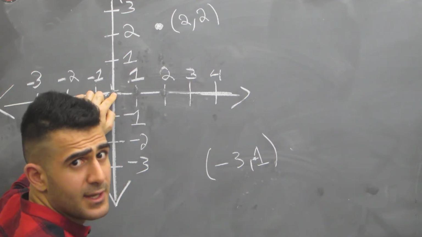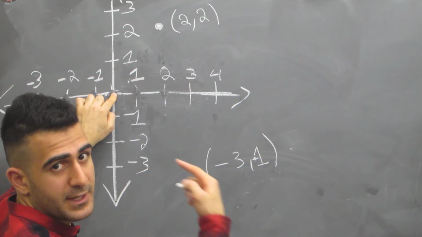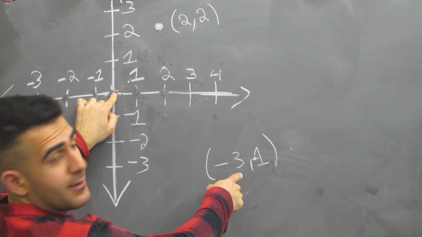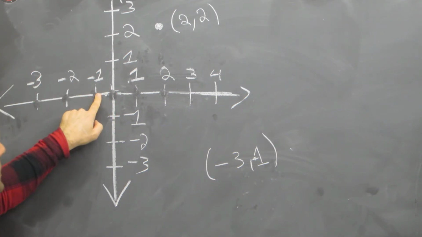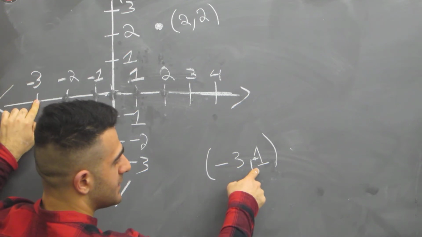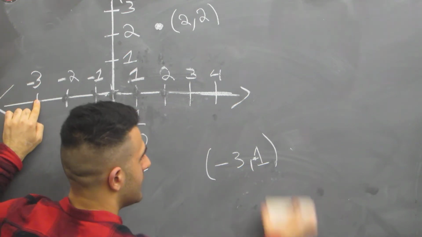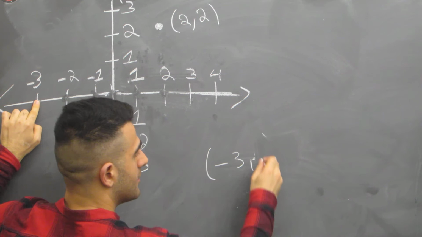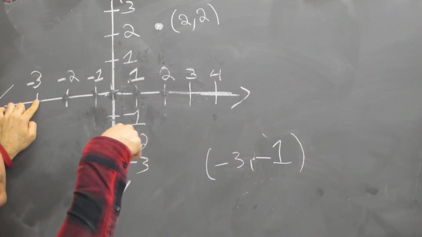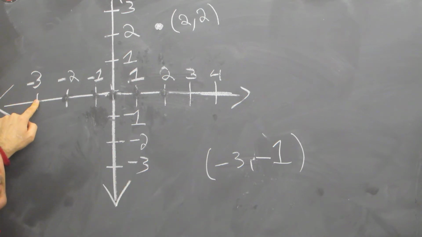Since it's negative, we have to move to the left, because all the negative numbers are on the left. We have to take 3 steps now, 3 steps to the left. So 1, 2, 3. Finally, because this is a -1, if you can't see that, I'll write a little bigger. So this is -1, we have to move down, because all the negative numbers are here.